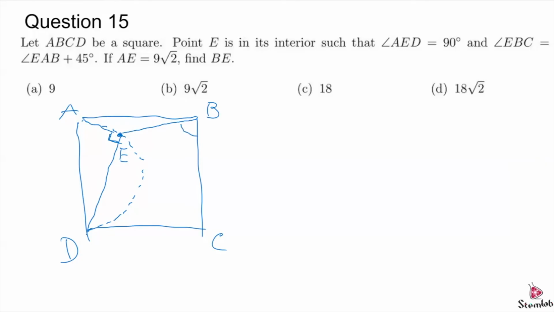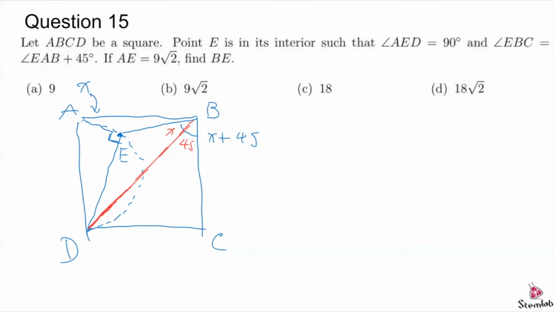And if we let EAB be X, this angle be X, then this is X plus 45. Okay. So I'm going to introduce here another line to help us find things a little bit easier. So if I draw that diagonal line, then this thing here is X, and this thing here is 45. Okay. So we have an X and an X.